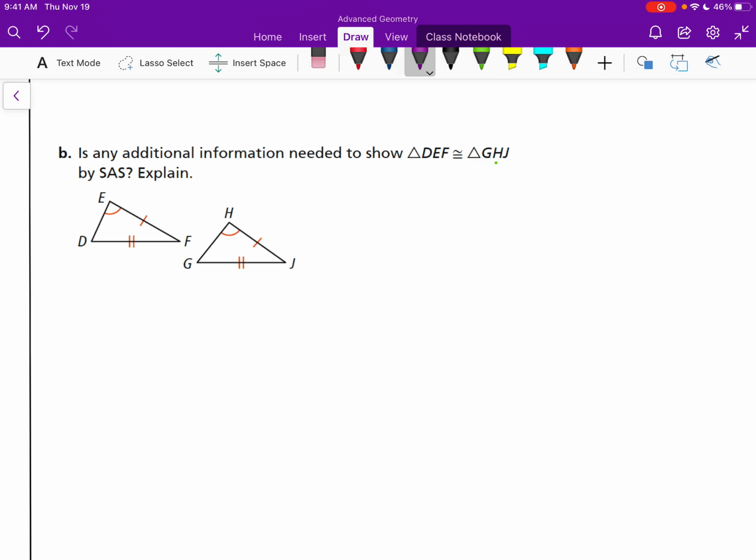So that is the information we would actually need. We would need to know that angle F is congruent to angle J. We would need that included angle in order to determine that these triangles are congruent. What we have right now isn't sufficient. We can't say for sure. We don't know enough. So if it says, is there any additional information we need? Yes, there is. We need the included angle.